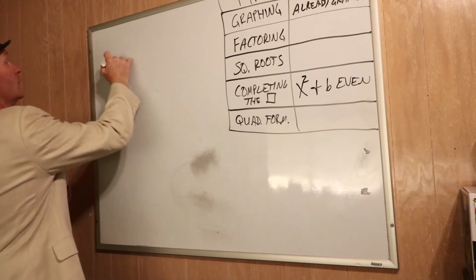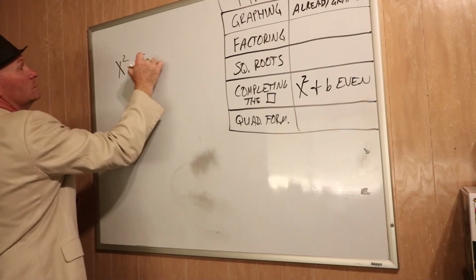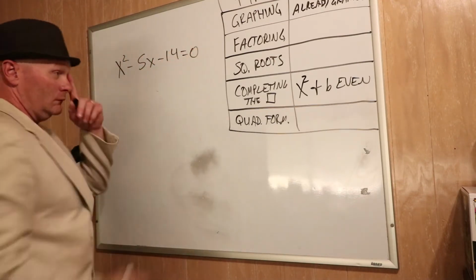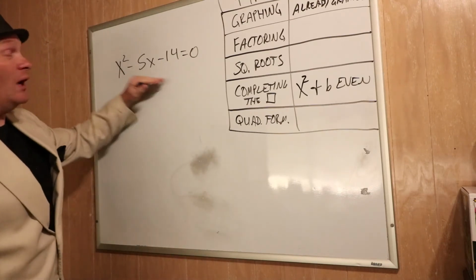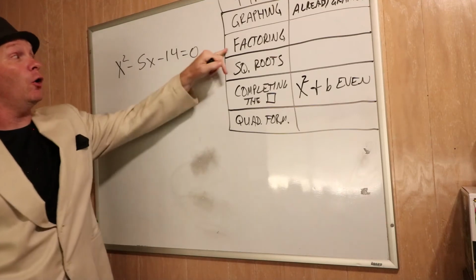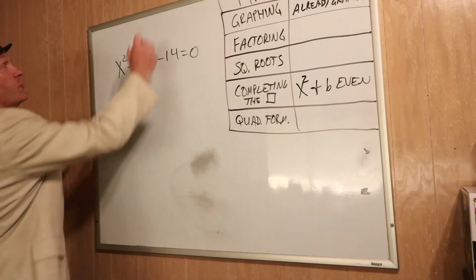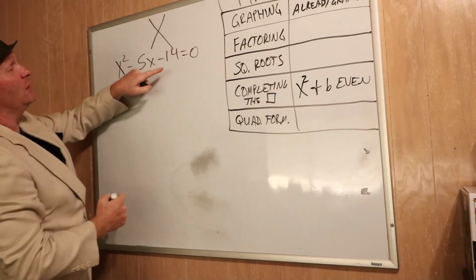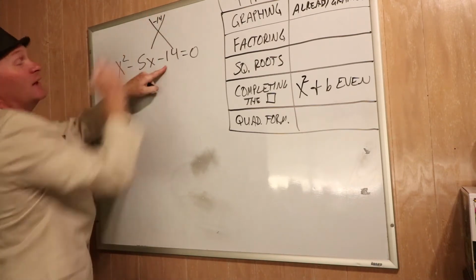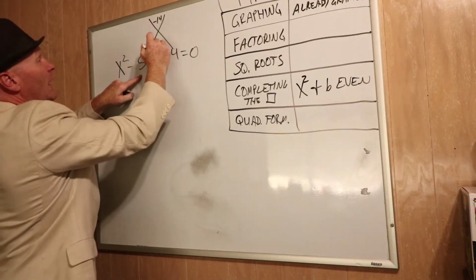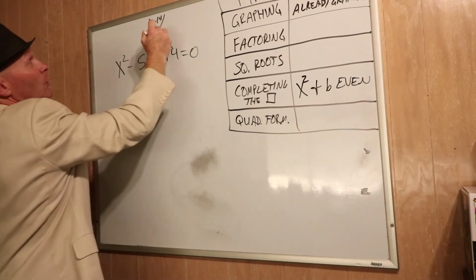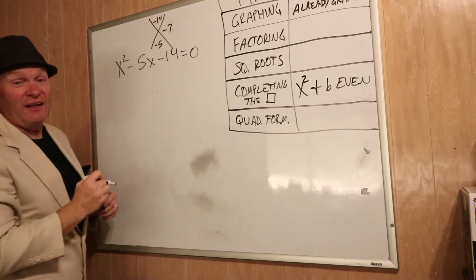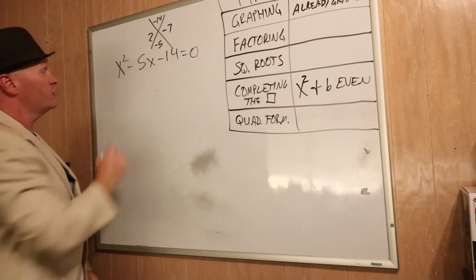Let's try this one. Notice this one is x squared, x, blah, blah, blah. If you have one like this, I would recommend always try factoring first. So we need two numbers that multiply to make negative 14, add to make negative 5. If I do a little bit of work, I will figure out that that is negative 7 and positive 2.